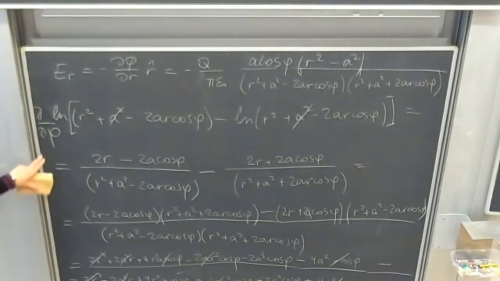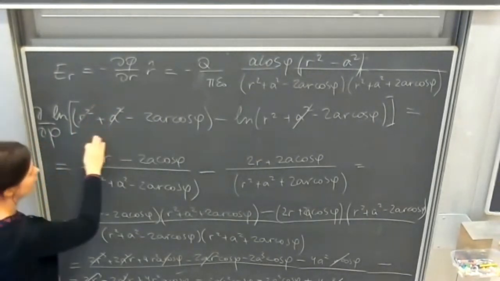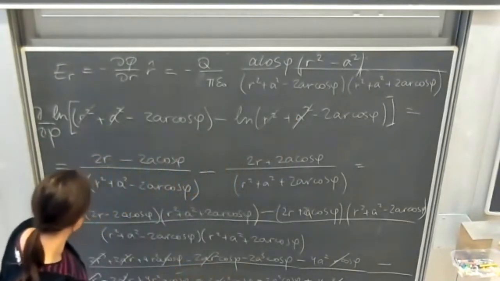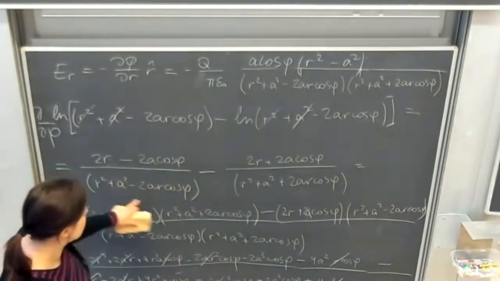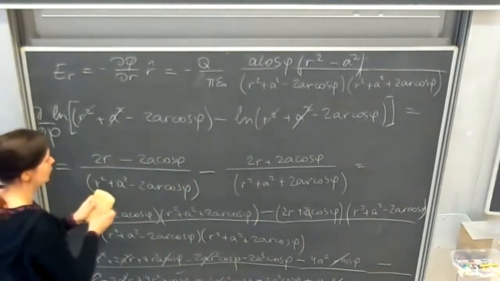So now the derivative d phi, and then r and a squared are not important. The bottom is the same, and the top is different.